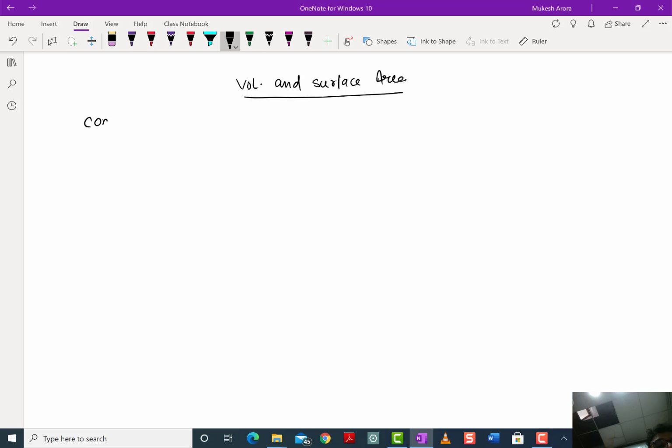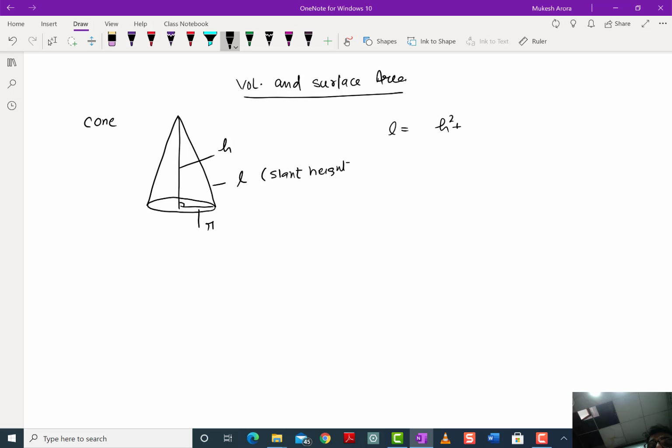Today we will discuss cone. A cone is a right circular cone where this is the radius, this is the height, and this is L, the slant height. As it is a right angle triangle, the slant height is equal to the square root of h square plus r square.